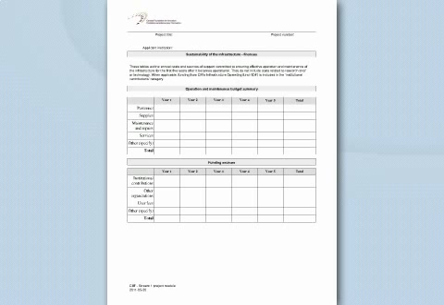Okay, so as you can see here, we will ask you to estimate the costs for operating and maintaining the research infrastructure that you are requesting in this proposal for the 5 years following the implementation of this infrastructure.